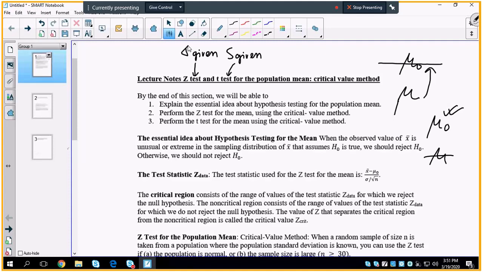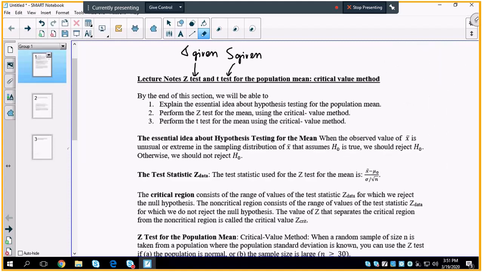So I need the existing mean, which I'm going to call H naught, my original existing mean, the null hypothesis. And then I will use my new mean as an alternative hypothesis. In testing, we can think of three different testings depending on the language of the testing.